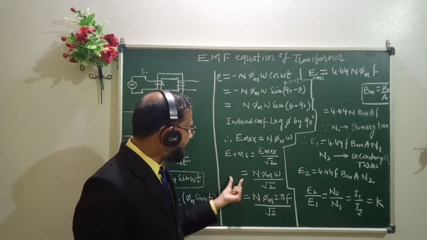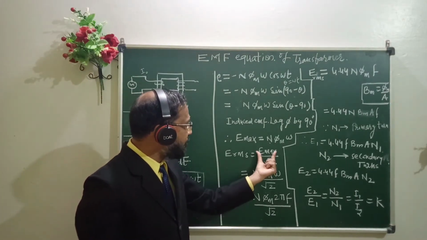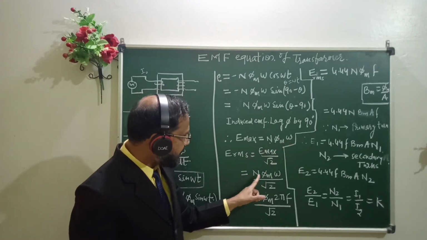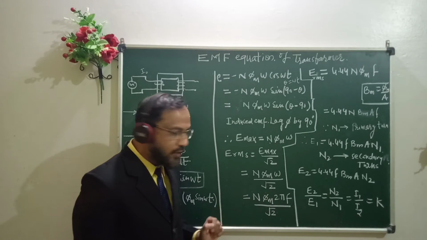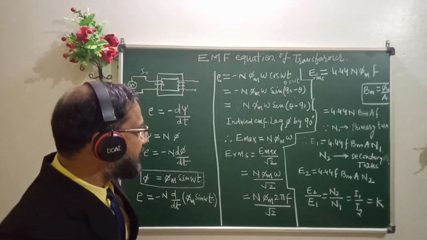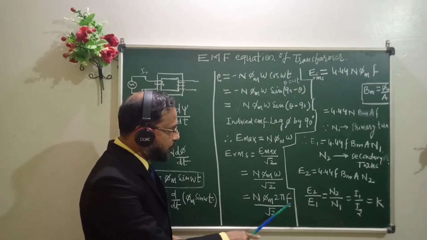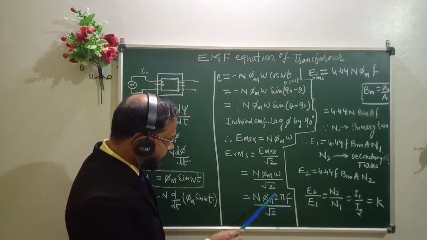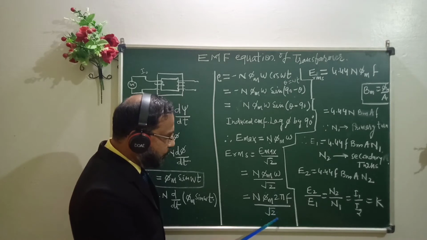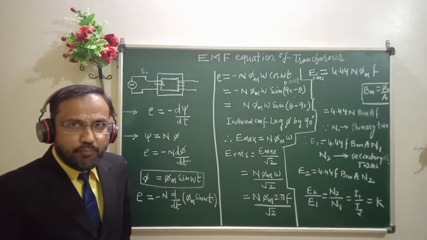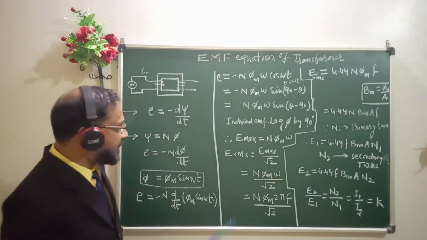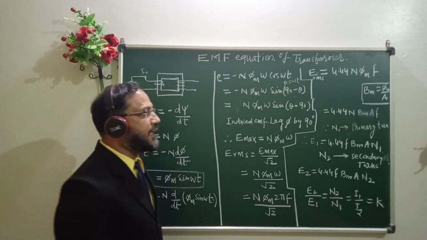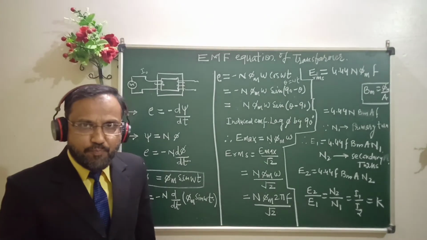So E RMS will be equal to N phi m omega upon root 2, and it is well known to us that omega equals 2 pi f. So 2 pi by root 2 comes out to be 4.44. It means E RMS equals 4.44 N phi m into f.